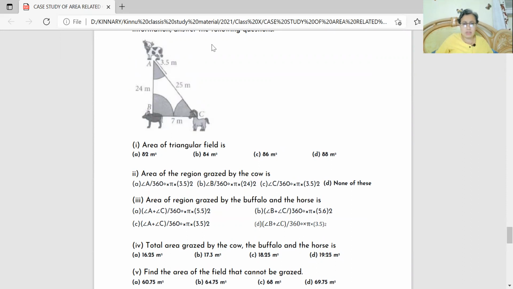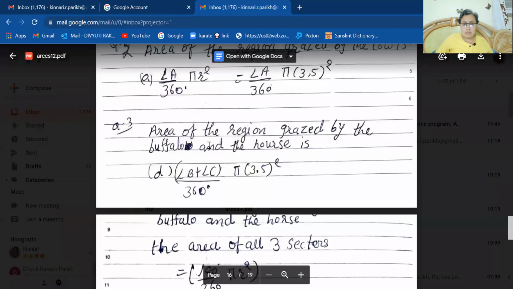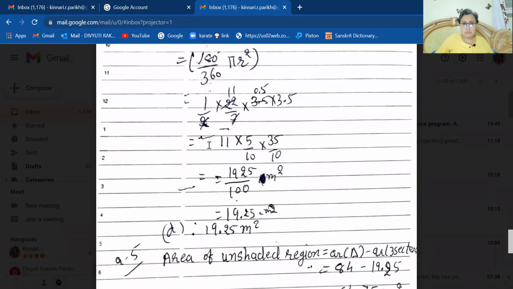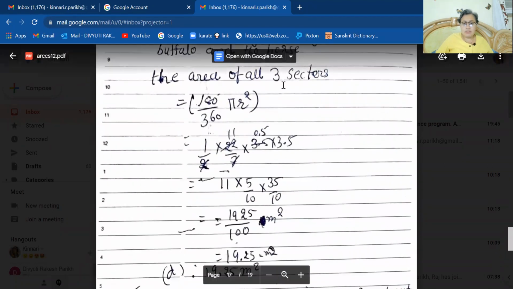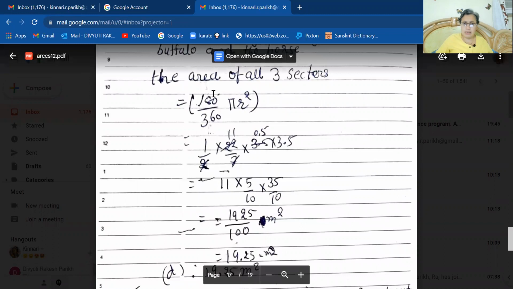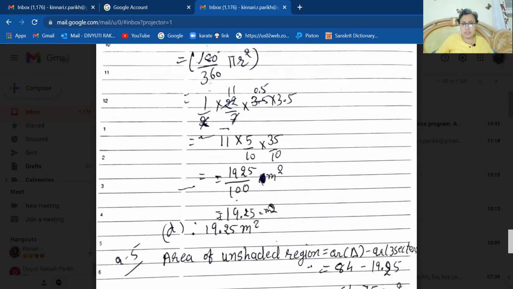So let's check what the answer will be. The area of these three sectors will be 180 by 360 into pi r square. After applying the values and simplifying, what we will get is 11 into 5 by 10 into 35 by 10. I am not cutting this with 5 because I know that in the denominator 2 will remain in both of them, and that 2 will not cut with this.